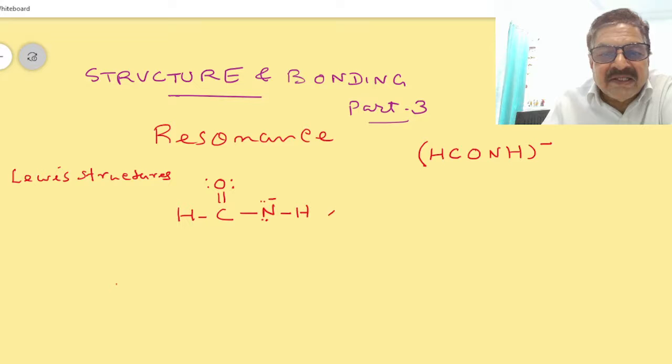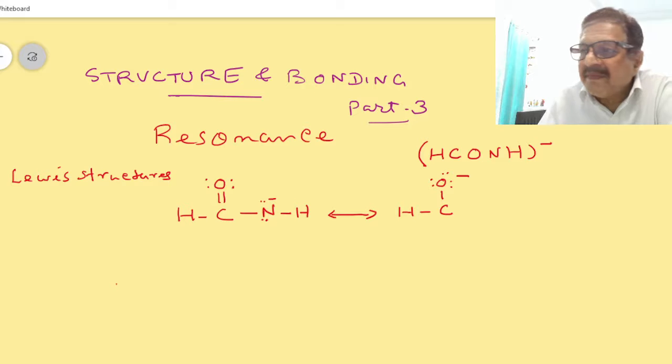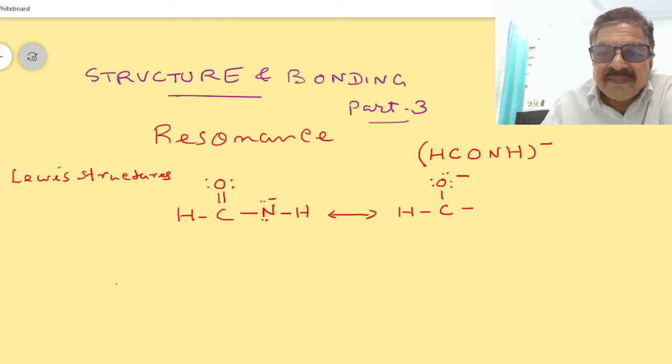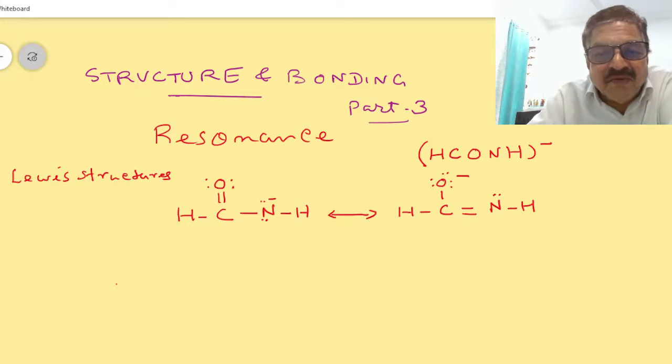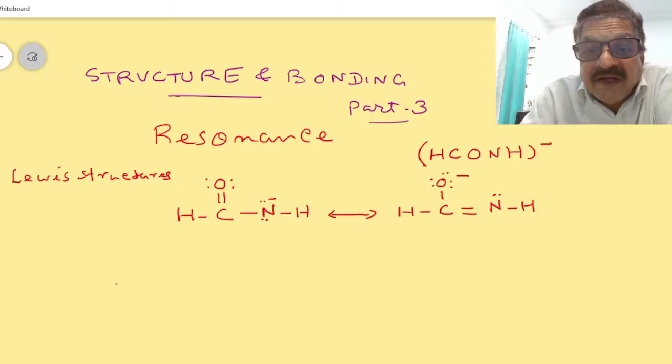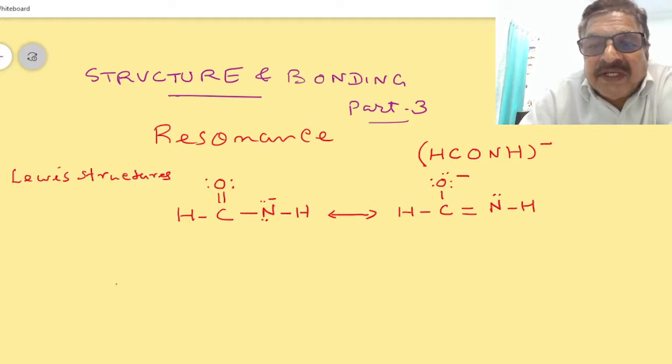There is another structure which we can draw. These are the two valid Lewis structures we can draw for this anion HCONH minus.